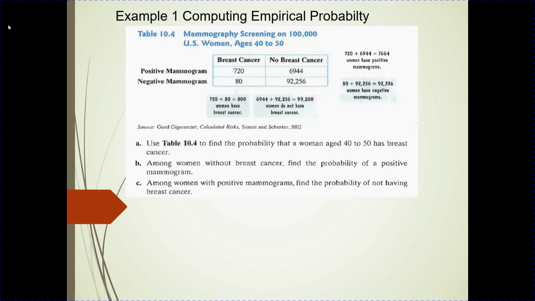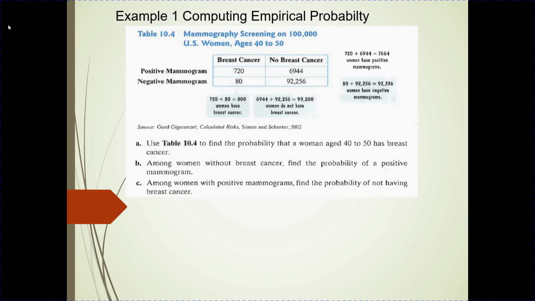Now, based on the given data, we are going to answer parts A, B, and C. Let's start with part A. Use table 10.4 to find the probability that a woman aged 40 to 50 has breast cancer.